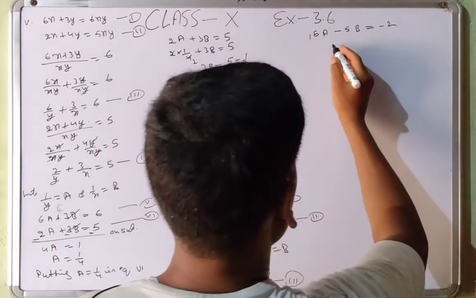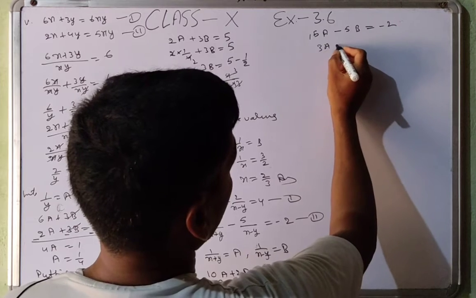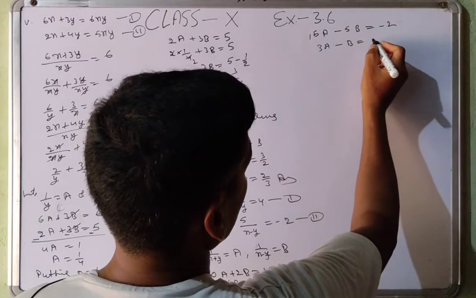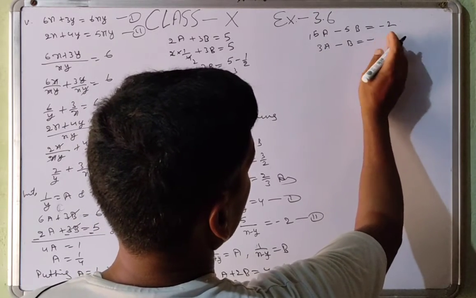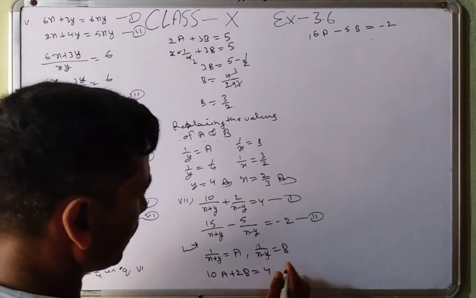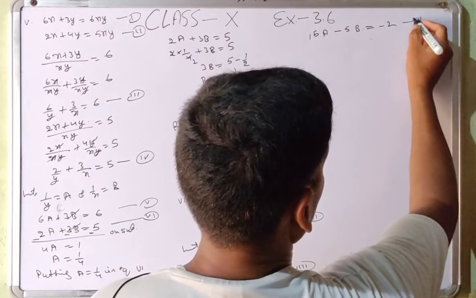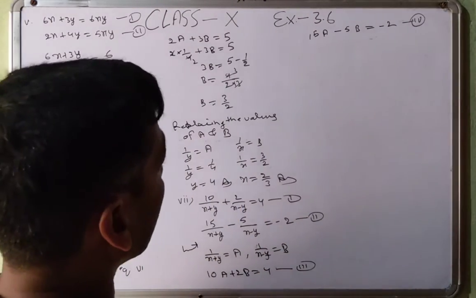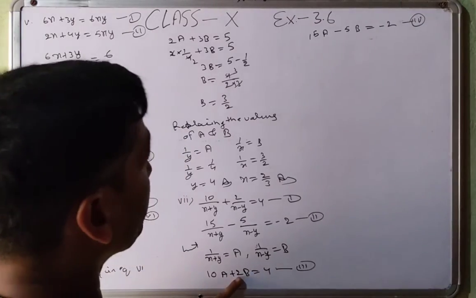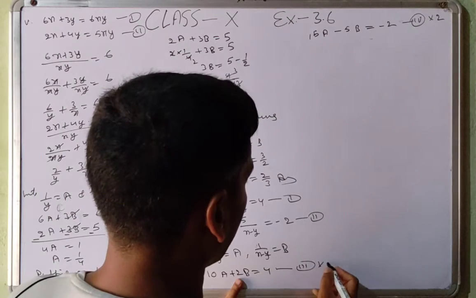And this one also we can do like this, that will be 3a minus b is equal to minus, no, this one we can't do that, also this one leave that. This one will be the third equation, and this is the fourth equation. Now we will balance b. So that will be 2 or this will be 5.